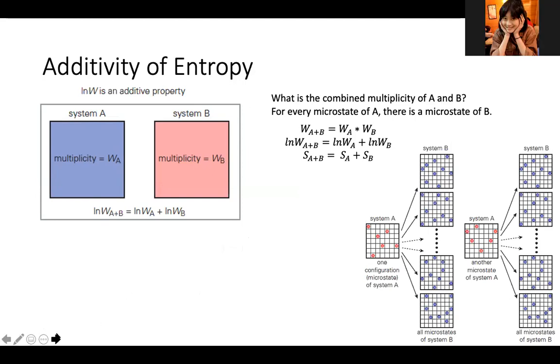Hi, I have a question. So when you say a combined system, do you mean both volume and number of molecules are combined? So the combined system has combined volume and combined number of molecules. Yeah, if you were to merge these two, then that's what I mean by combined.